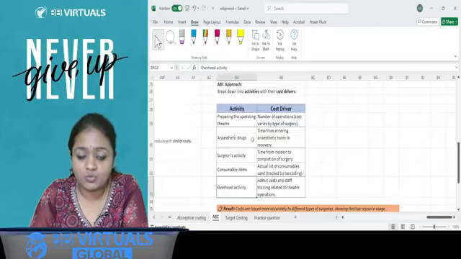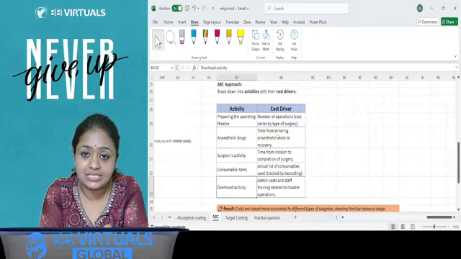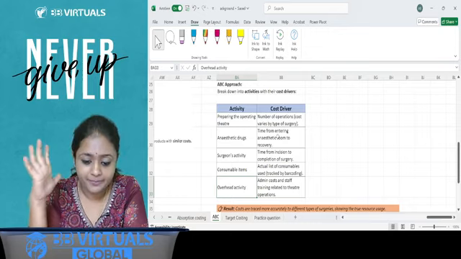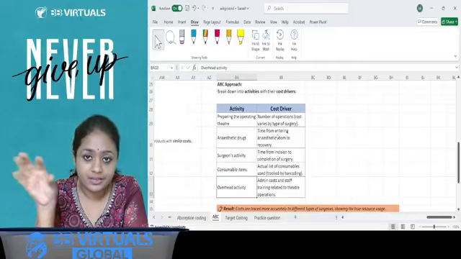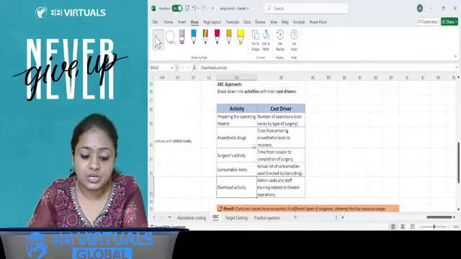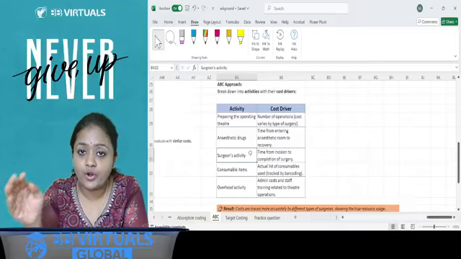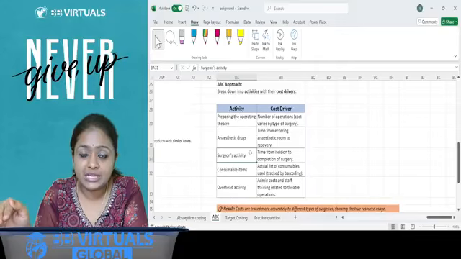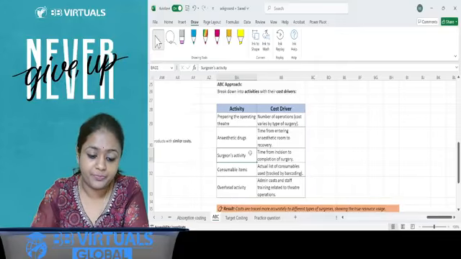Anesthetic drugs, what can be the cost driver? The time from entering the anesthetic room to leaving, or to recovery, because that is the period for which the drugs will have the effect. Surgeon's activity, the time from the start of the activity to the close of the activity.